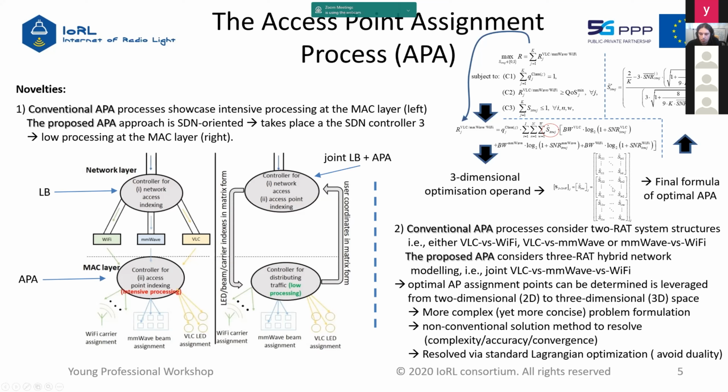And that makes this approach novel, because until now, these problems were traditionally formulated by means of 1-dimensional indexing, or there are 2 studies that have approached this by means of 2-dimensional access point assignment indexing. So we approach it by means of a 3-dimensional variable, which requires a fundamentally different way of resolving it.